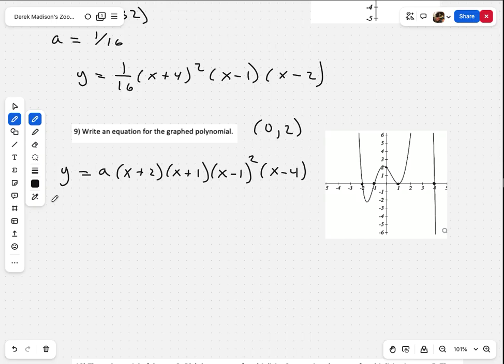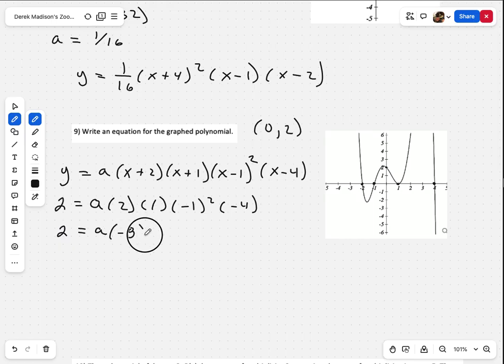We'll plug that in for x and y. So 2 equals a times 2 times -1 squared times -4. So that would be 2 and then a. -1 squared would make +1, so this is 2 times 1 times 1 is still just 2 times -4.